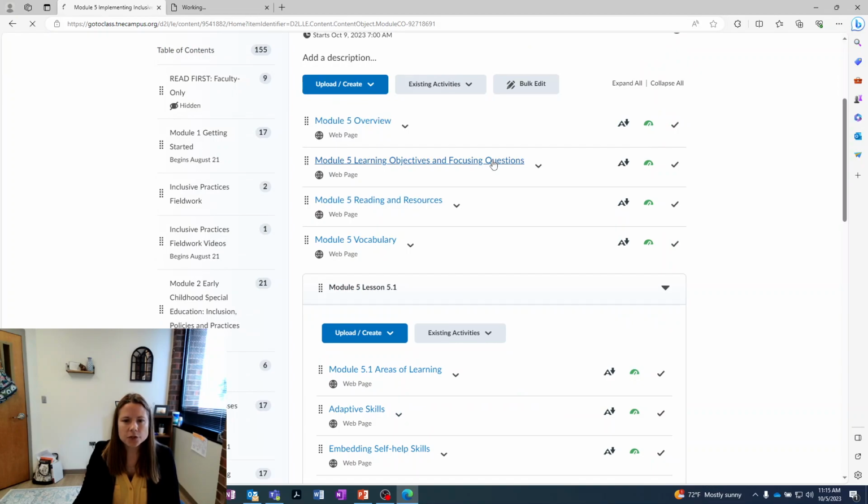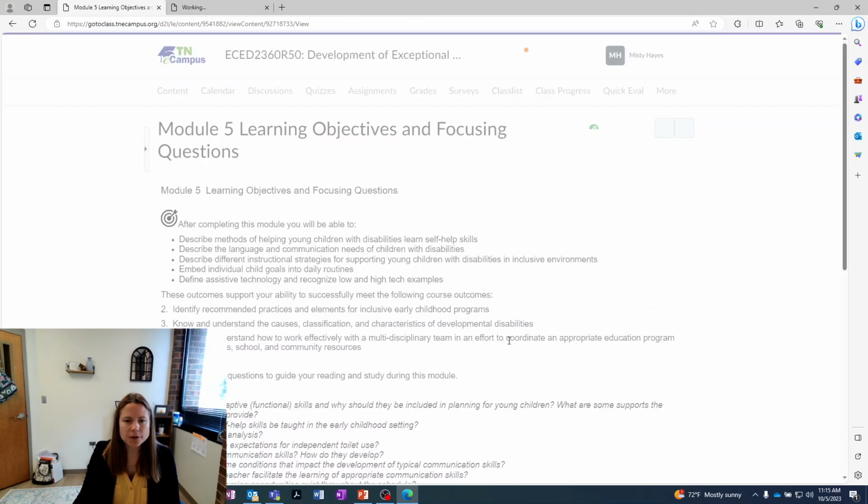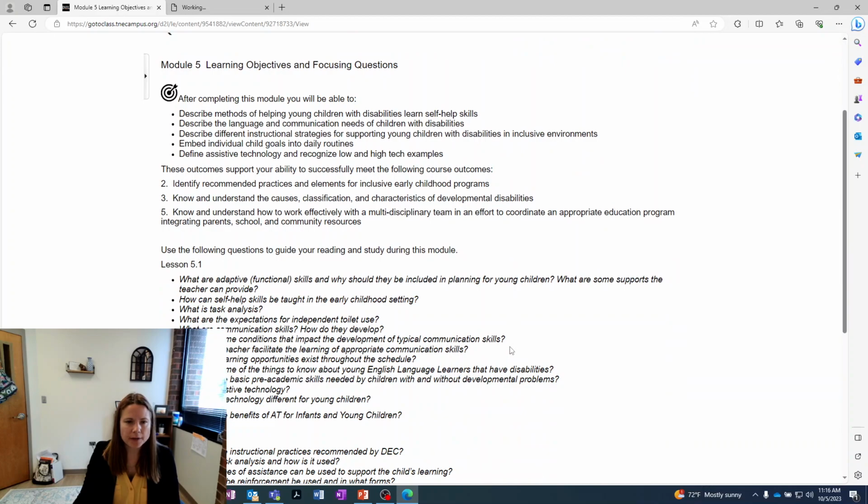One thing I did want to note too, and each time we start a new module, I put this at the top before you get into the lessons. I always give you some objectives, where we're going. So with Module 5, we're really looking at describing the methods of helping children with disabilities learn those self-help skills, describing the language and communication needs of children with disabilities, describing the different instructional strategies for supporting those children with disabilities in those inclusive environments.